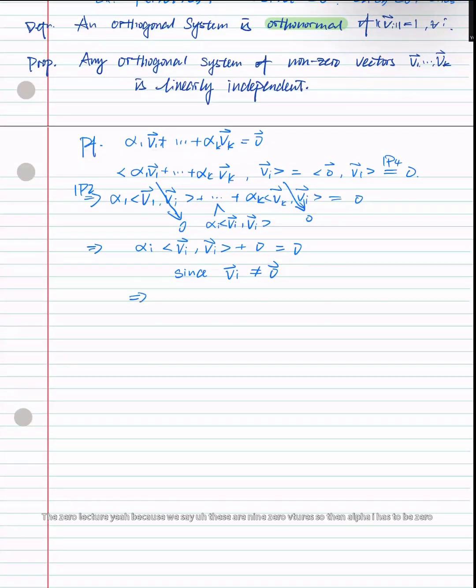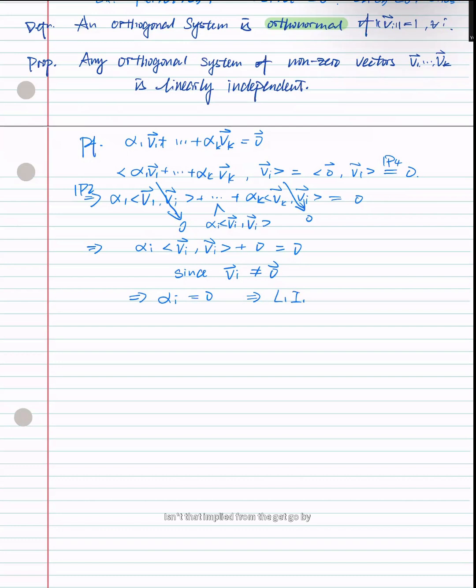So alpha i has to be 0. This vi is basically any one from 1 through k. If we are doing v1 here, alpha 1 must be 0, and if we are doing v2, alpha 2 must be 0. So what we proved here is that any alpha i would be 0. Therefore, since all the factors have to be 0, this is linearly independent.